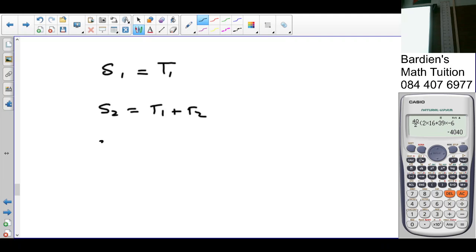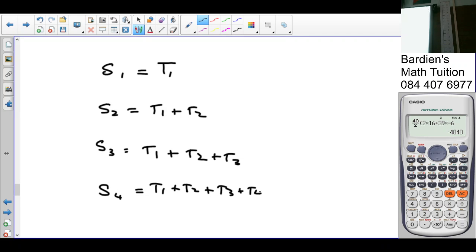What if we go with S3? T1 plus T2 plus T3. What if we go S4? T1 plus T2 plus T3 plus T4. What if we go with sum of n terms? It's going to be T1 plus T2 plus T3 plus the last term, which is Tn.